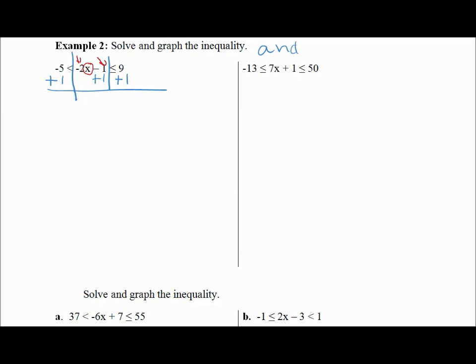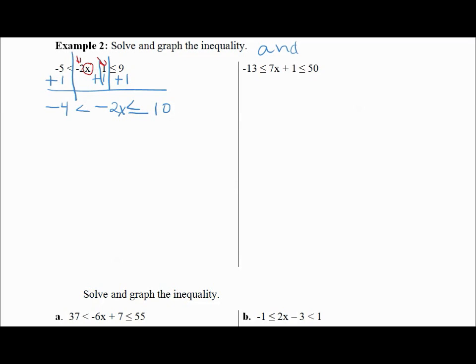And then I'll bring down what I have left. -5 plus 1 leaves me with -4. In the middle, ones cancel out, and I'm left with -2. Bring down my inequality symbol, and over on the right, I have 9 plus 1, which is 10.